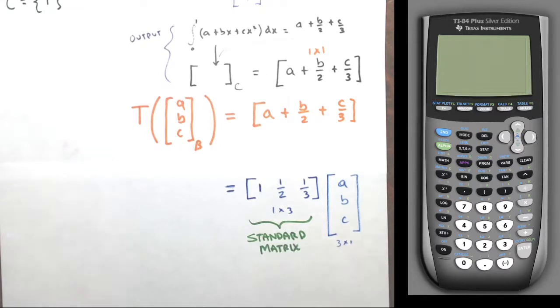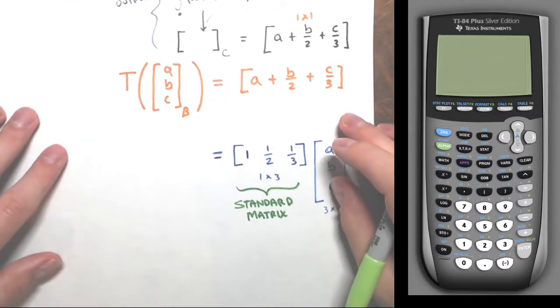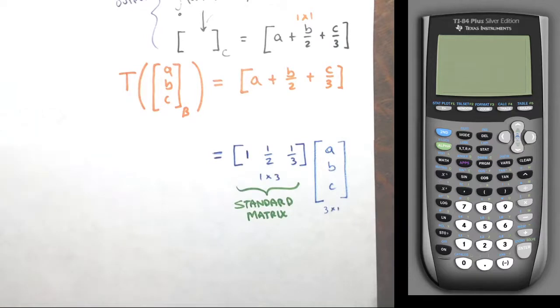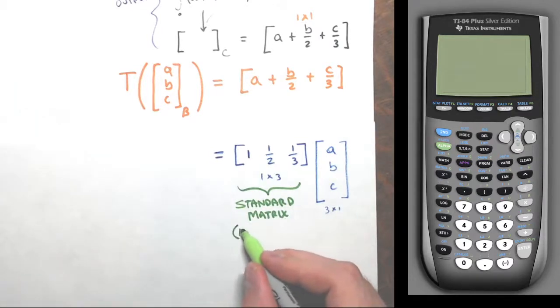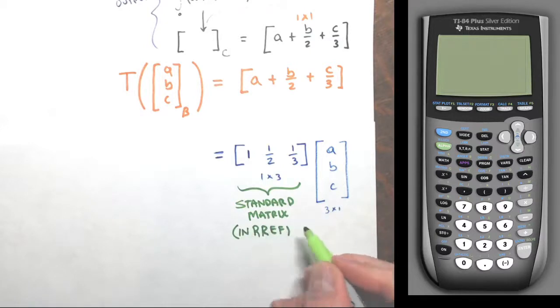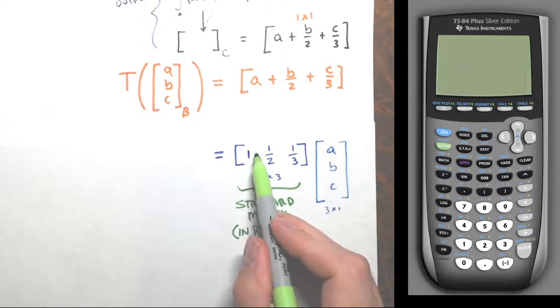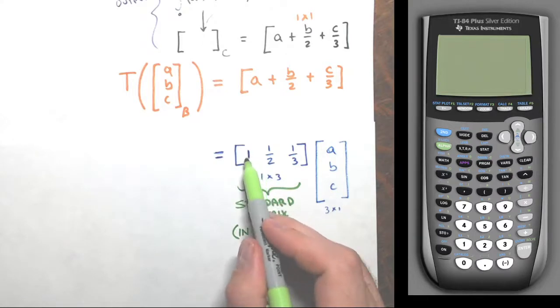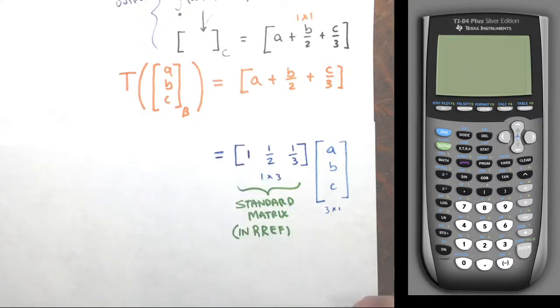All right, but we're just looking at things in terms of the coordinates with respect to the standard bases for the domain and codomain. And it's already in reduced echelon form, in fact, because you have your pivot, and then there's nothing above and below it, and the lead value is a 1.